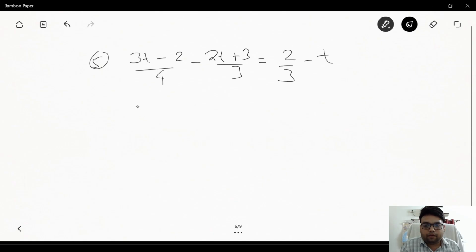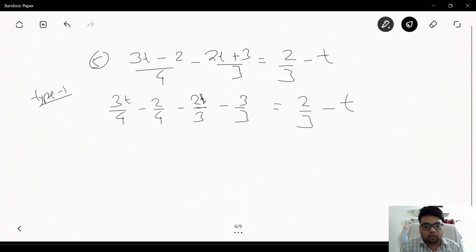Here there are many ways. Way number 1 will be: firstly, 3t by 4 minus 2 by 4 minus 2t by 3 minus 3 by 3. I am breaking all these terms into variable and constant format. This minus goes here, so minus plus minus, 2 by 3 minus t.